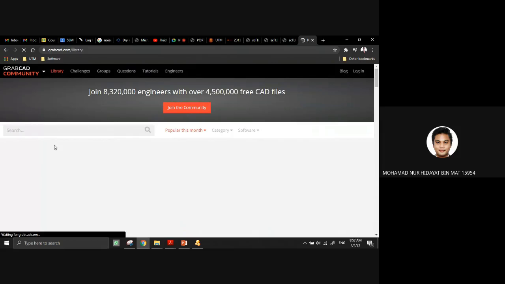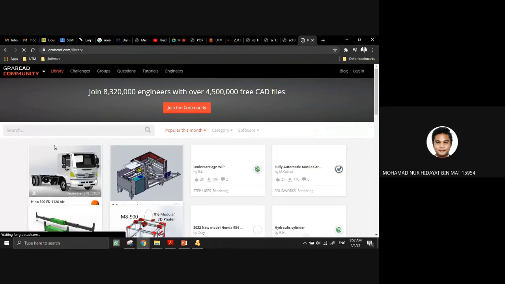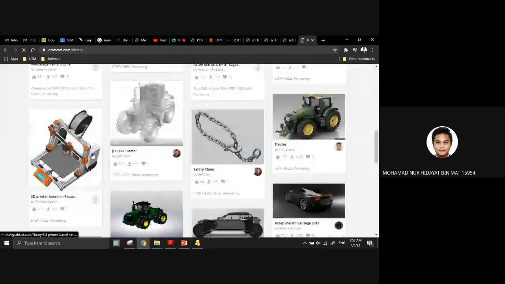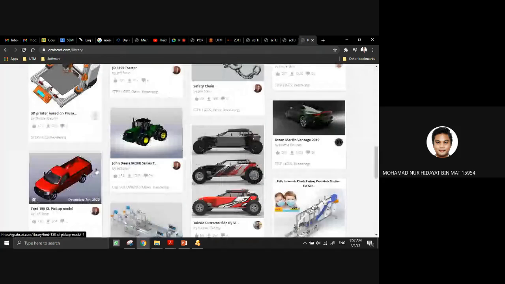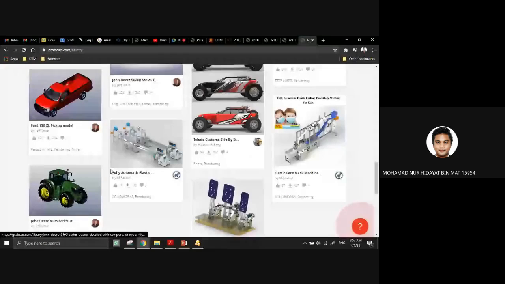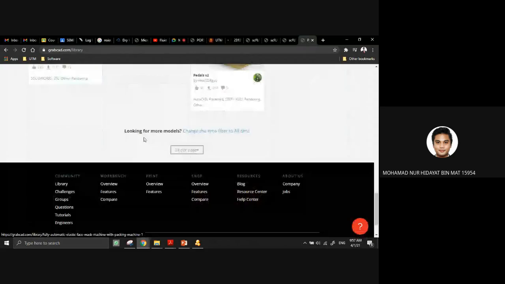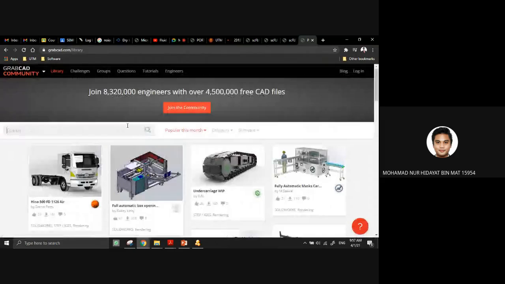Can you see? We have the motorcycle model, we have the car. This is what we call the model. We have the truck, we have the jigs. For example, we want to model the car, a super sport car.